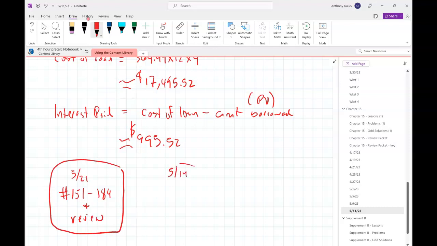For this weekend, what do we have? We had assigned 131 to 138 already, and then last time we did 139 to 150. So that'll be the assignment for Sunday. And tentatively scheduled for Wednesday next week will be the Chapter 15 test.